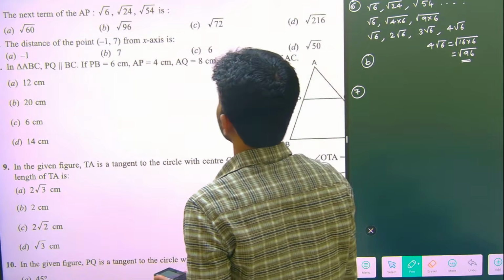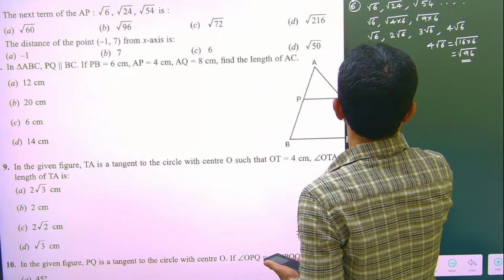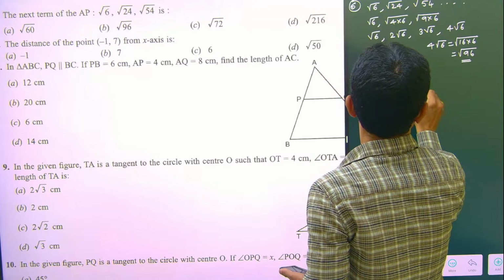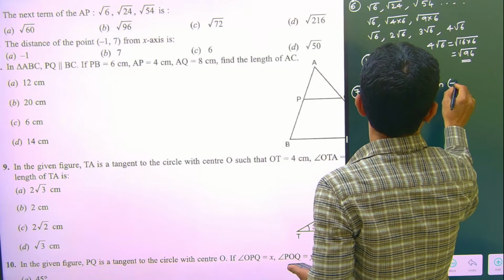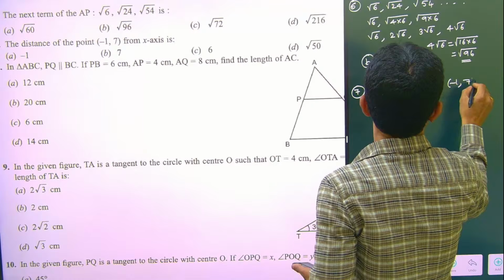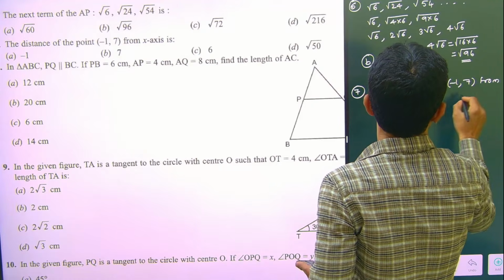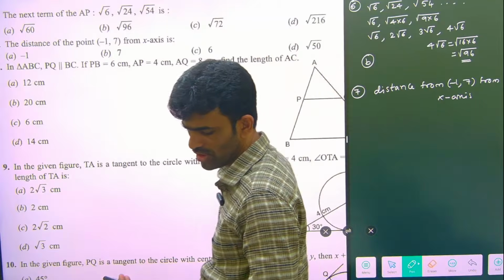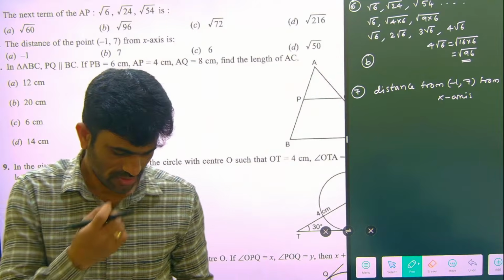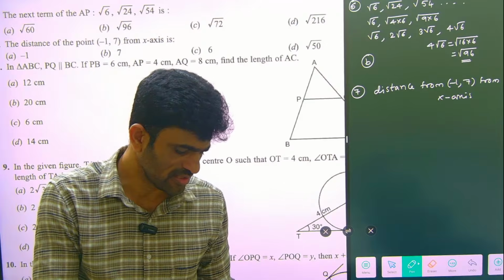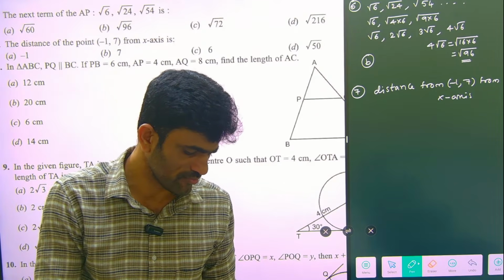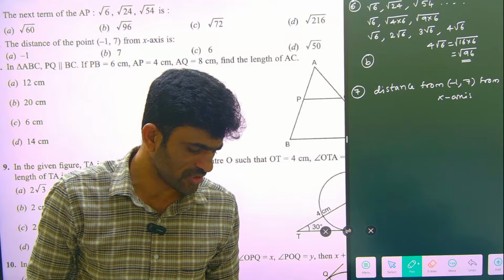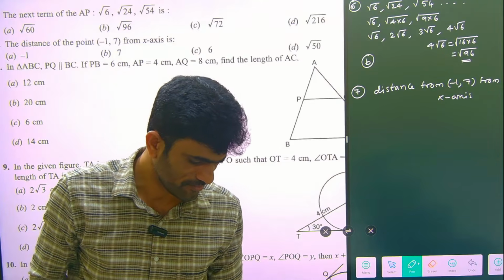The distance of the point minus 1, 7 from the x-axis. Do you remember what distance from x-axis is, and what distance from y-axis is?